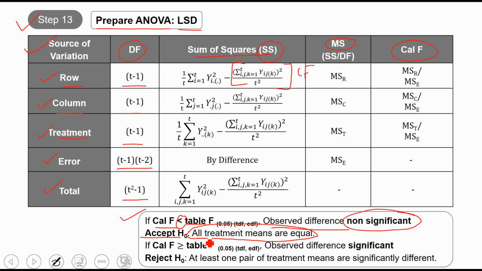Whereas if calculated F is greater than or equal to table F at 5% level of significance and treatment DF, error DF, then observed difference is significant and reject H0, that is, at least one pair of treatment means are significantly different.